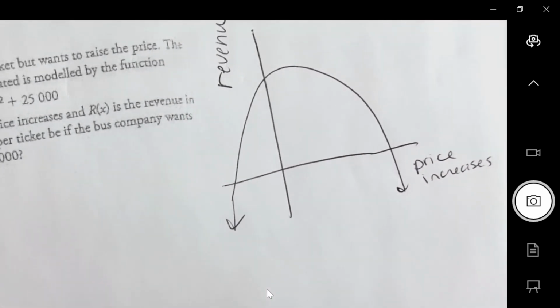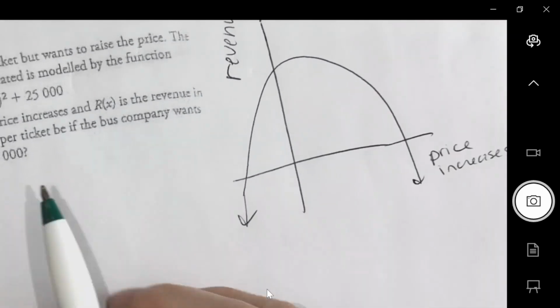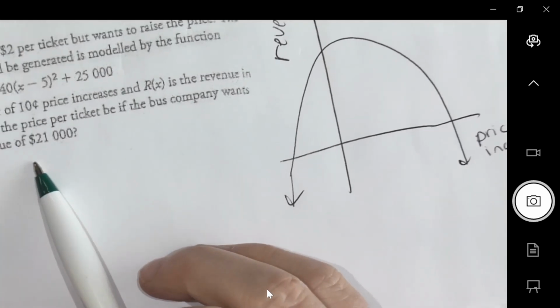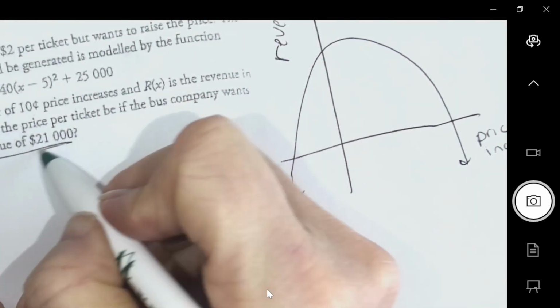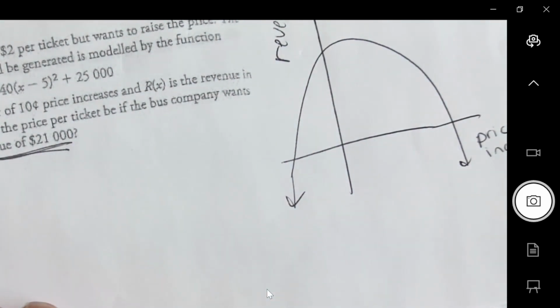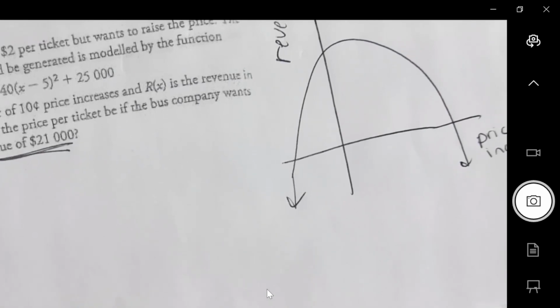Okay, ready. The question talks about me ending up with a revenue of 21,000. What do you do as a strategy? I need to find a revenue of 21,000.